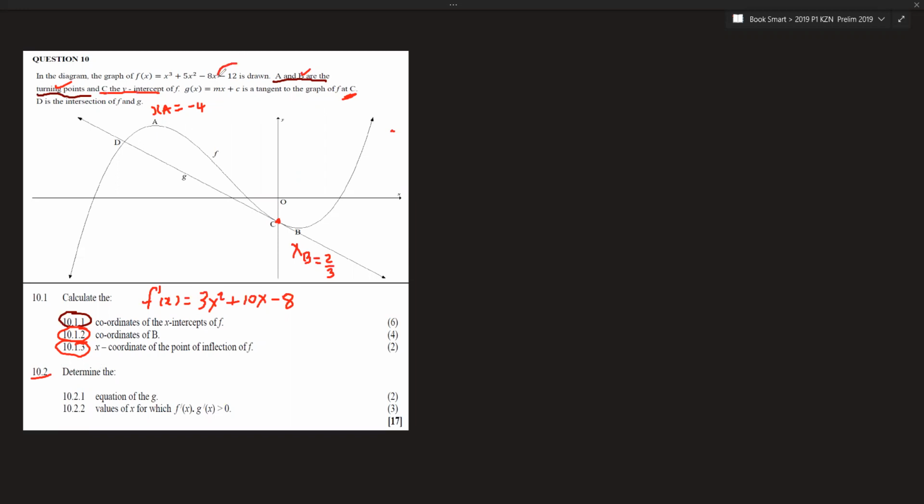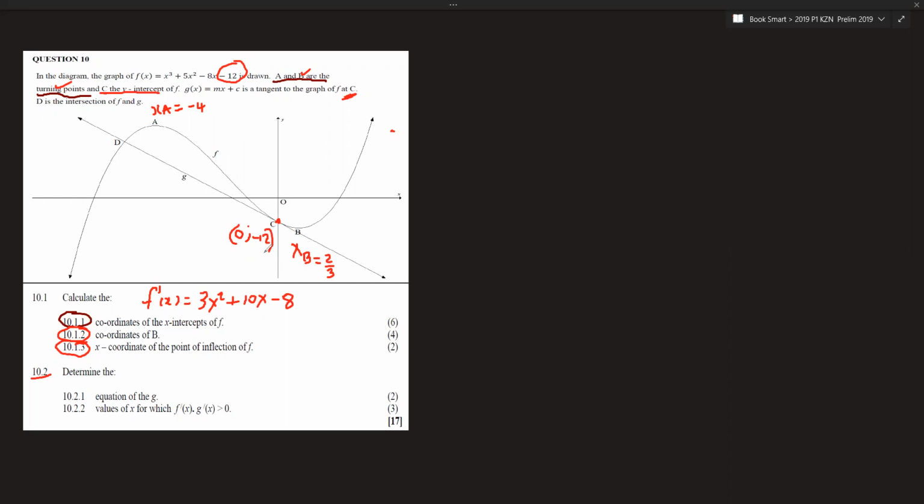So C basically is this, right? So on C, my point is 0 and -12. Right. Remember, the constants are always your y-intercept for cubic function, parabola, and a straight line, né? For those three. Perfect.